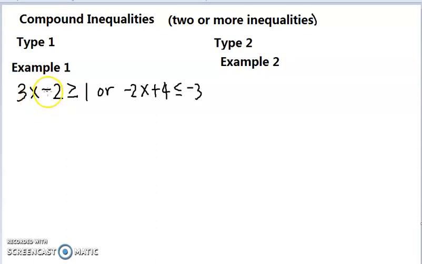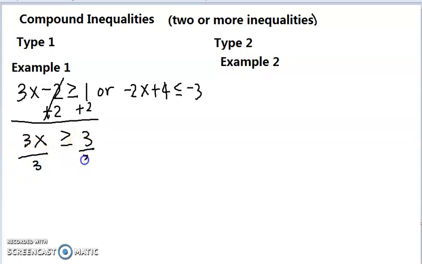In order to do that, we have to add 2 to both sides to get rid of that minus 2 there. So we have 3x greater than or equal to positive 3. Now we can divide both sides by 3. So we end up with x greater than or equal to 1. So that's the first inequality.